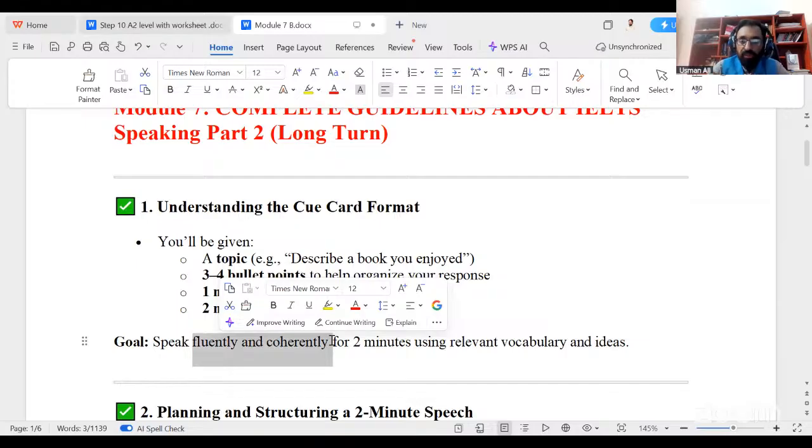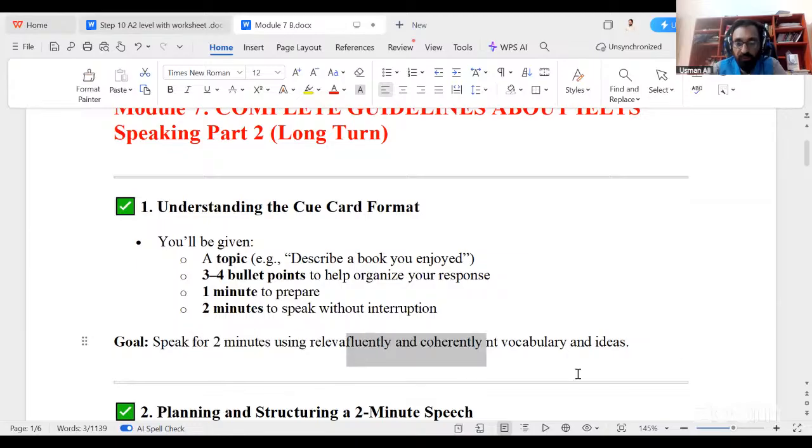Your answer must not be like this: you are talking about one thing at this point, another thing at the next point, and then you add another thing at the third point. This is not correct. Coherently means your answer must be like a story, as if you are narrating a story. It must be well connected, logically and coherently.